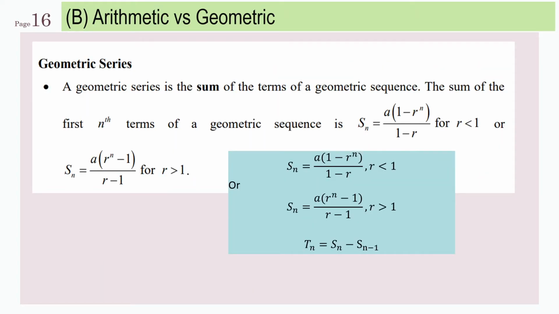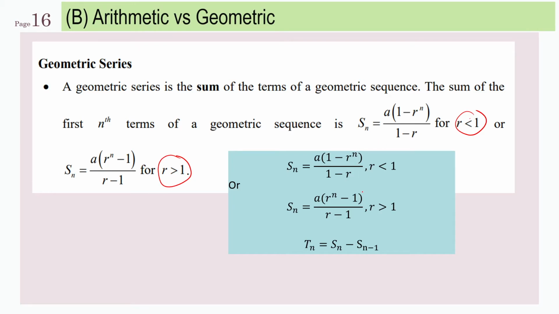And then for the series, you also have two formulas, but these two are not like the previous ones using the first and last term. This one depends on whether R is less than 1 or R is greater than 1. If R is less than 1, you use 1 minus R to the n. If R is greater than 1, you use R to the n minus 1.